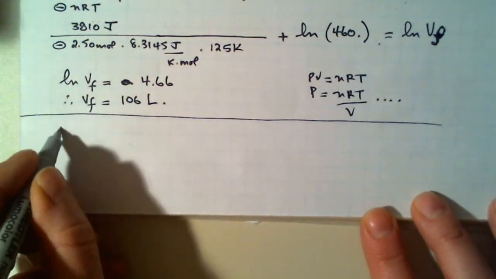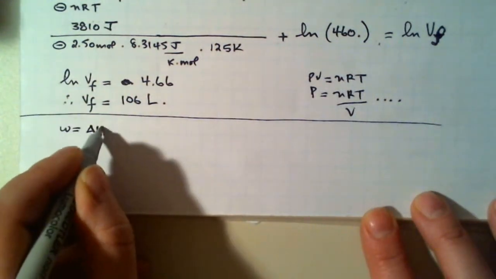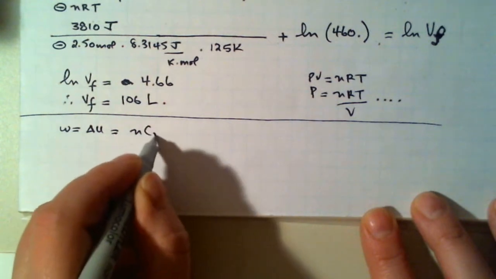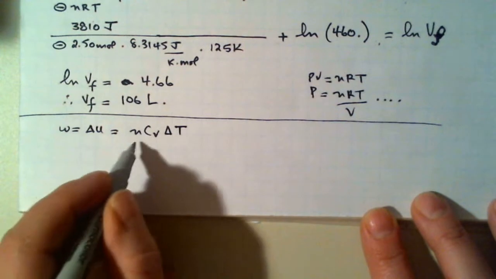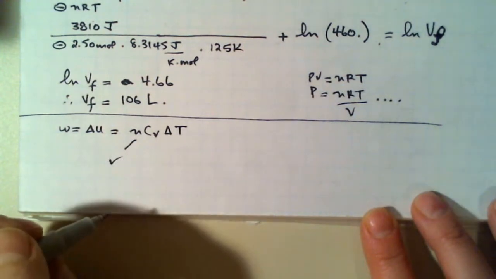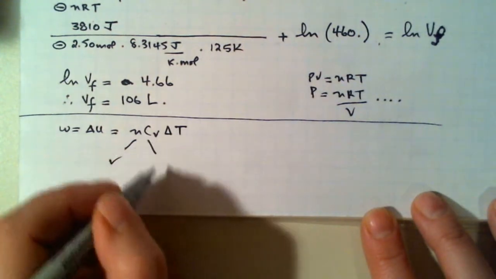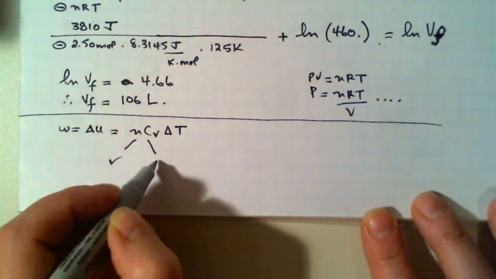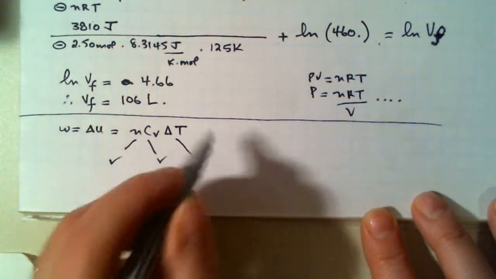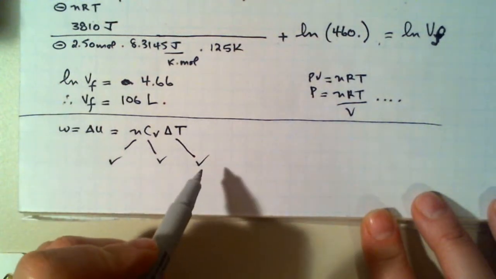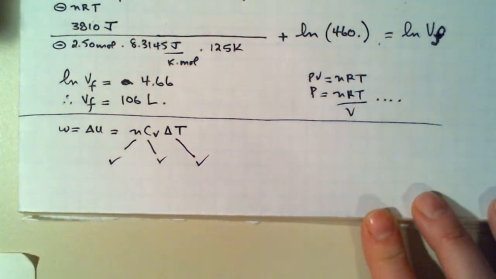For that final step, work is delta U is nCV molar delta T. Our n, we know it's 2.5 moles. CV is, for this perfect gas, 3/2 R. And delta T, we also know it is heating up, so it's 535 minus 125. Okay, so I'll let you calculate that.